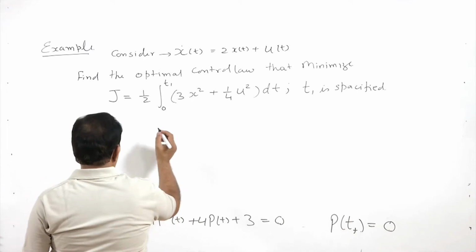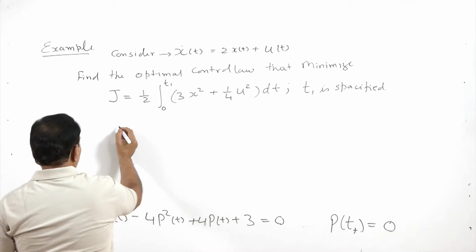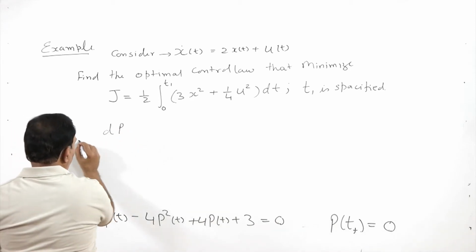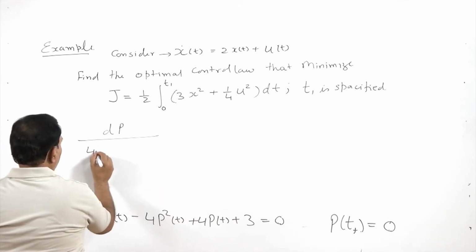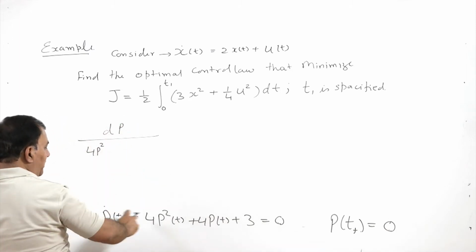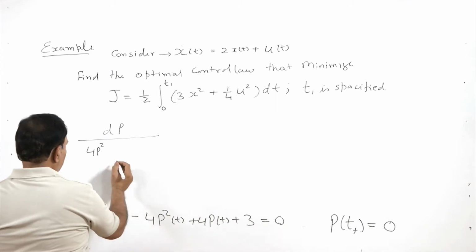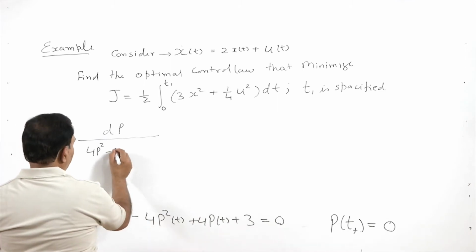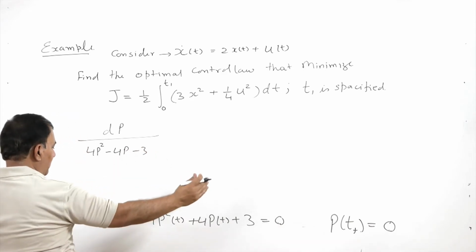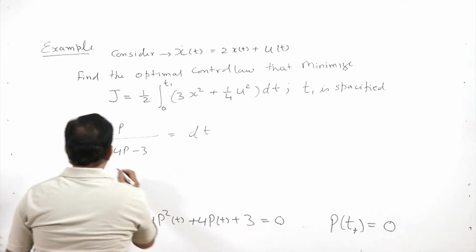So, I am writing this as dP/dt, and just for simplicity I am dropping the t terms from here: dP by 4P square minus 4P minus 3, and this is nothing but my dt.